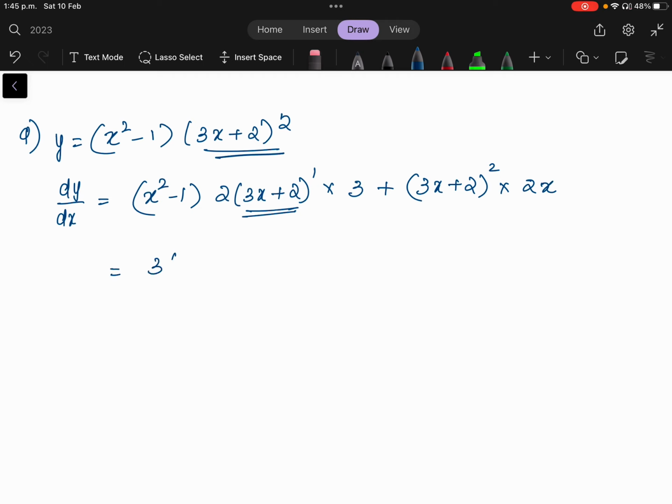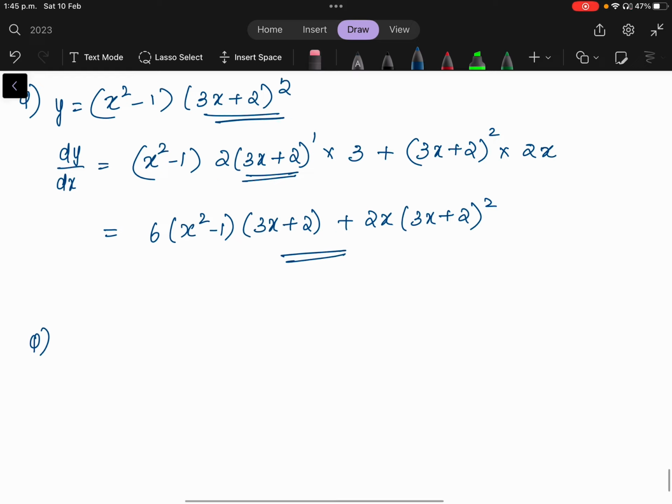Then this is 3 into 2, 6. 6 into (x square minus 1) into (3x plus 2) plus 2x into (3x plus 2) the whole square. Again, you can simplify if you want, or you can just leave it like this.